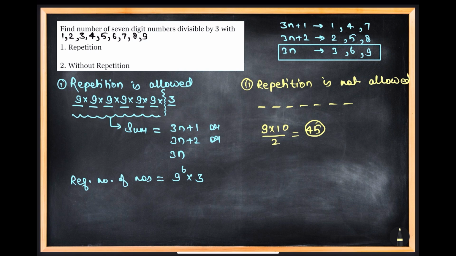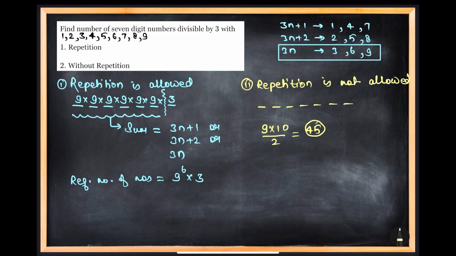Now look at this situation. Don't you think that if we reject two numbers in such a way that the remaining numbers become divisible by 3, correct? Because if I select all numbers, the sum is divisible by 3, this is for sure.